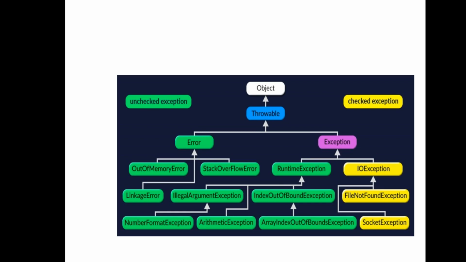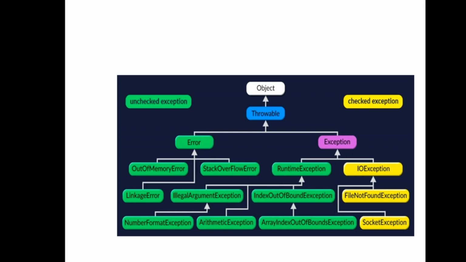But Exception is further divided into two categories: IOException and RuntimeException. In runtime exception we also have illegal argument exception, index out of bound exception, number format exception, and arithmetic exception. And in checked exception, in this diagram we have three: IOException, FileNotFoundException, and SocketException.